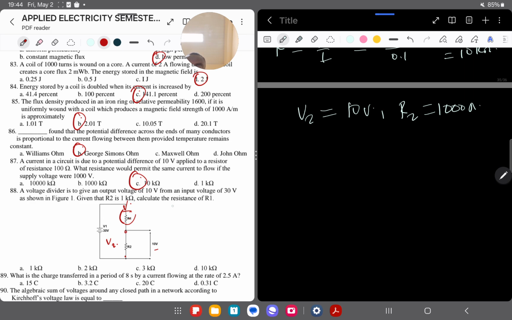Now we are interested in finding the resistance of R1. When you come to V2 and R2, I know the voltage and the resistance, so I can calculate the current. Again, the same Ohm's law, current is V2 over R2, and that will be 10 divided by 1000. So this will be what?